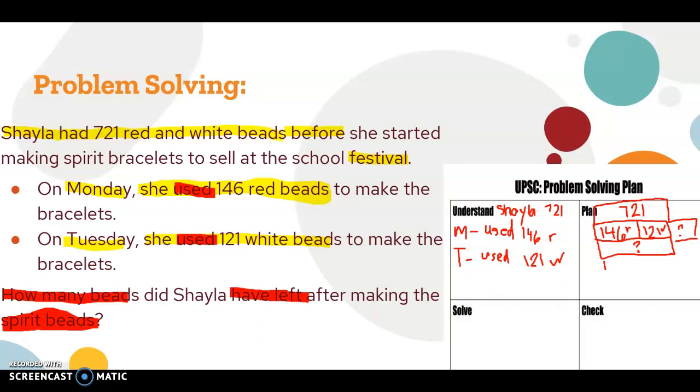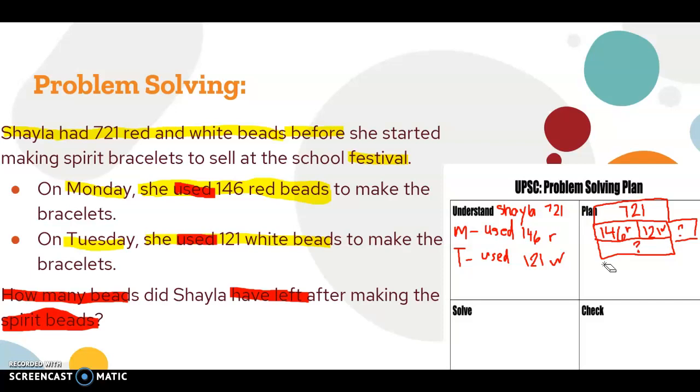So we will model for you on Monday different ways on how you can actually solve this particular multi-step problem. But for right now, we just want to make sure that you understand that there is more than one operation that is needed to solve it.